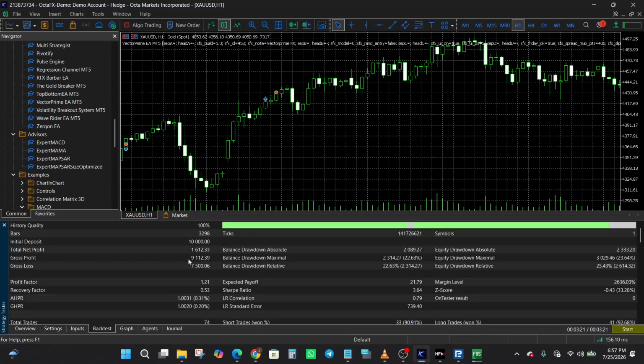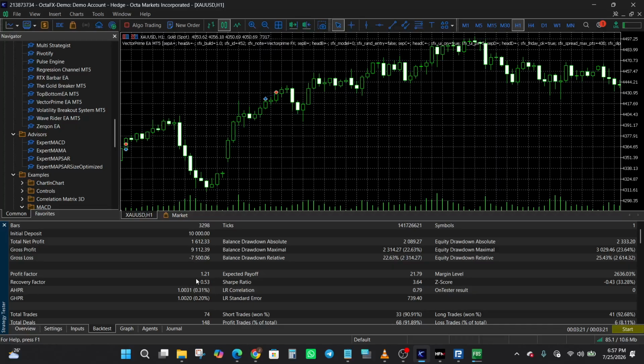The total net profit for that period came out to $1,612. Breaking that down, the gross profit was about $9,112 against a gross loss of around $7,500, giving a profit factor of 1.21.